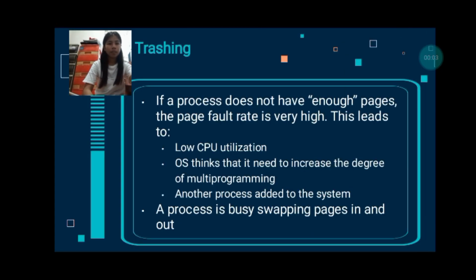Thrashing. If a process does not have enough pages, the page fault rate is very high. This leads to low CPU utilization. Low CPU usage represents a low percentage of the amount of time to process a given set of tasks in a given period.